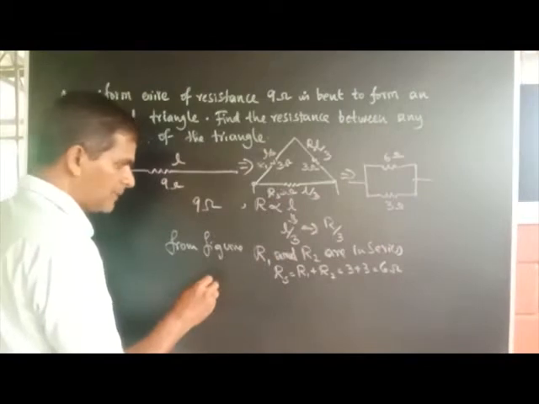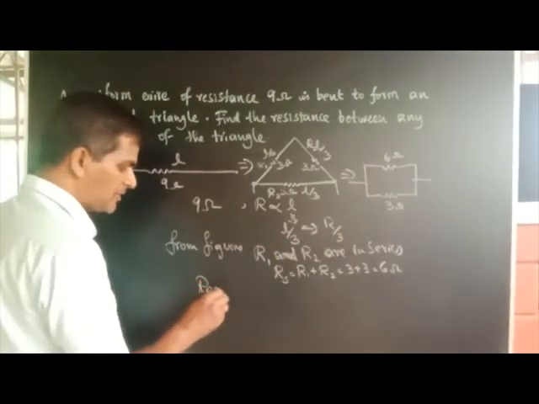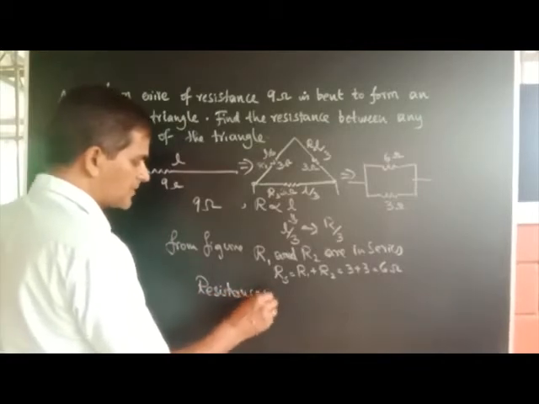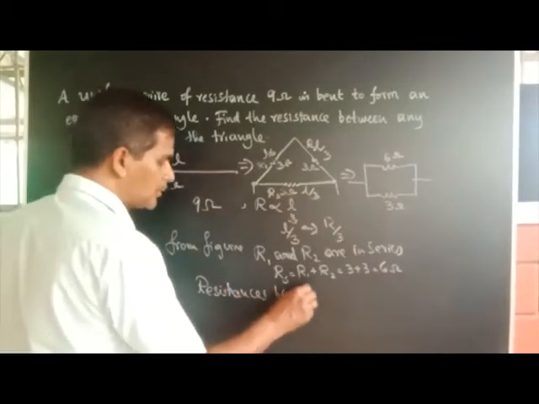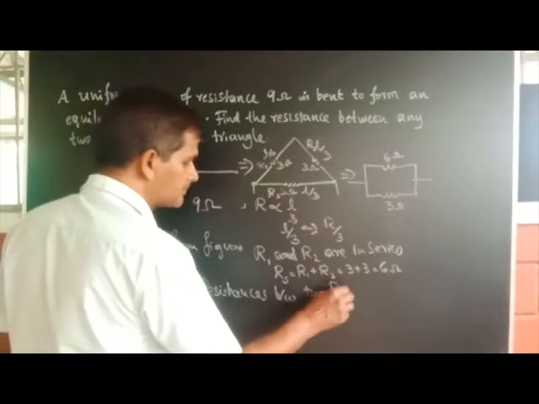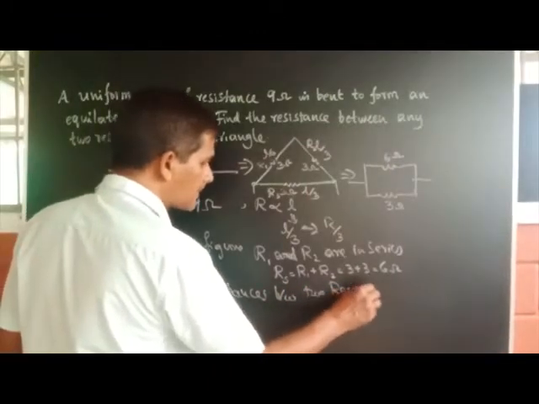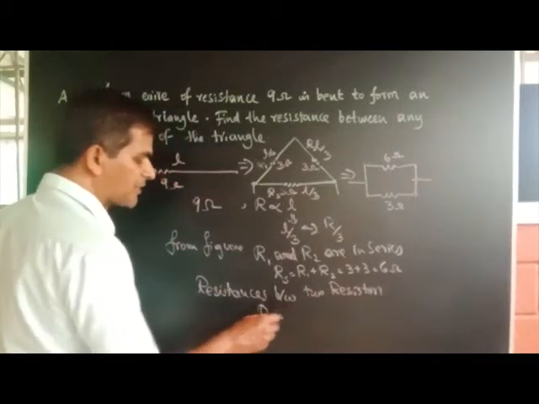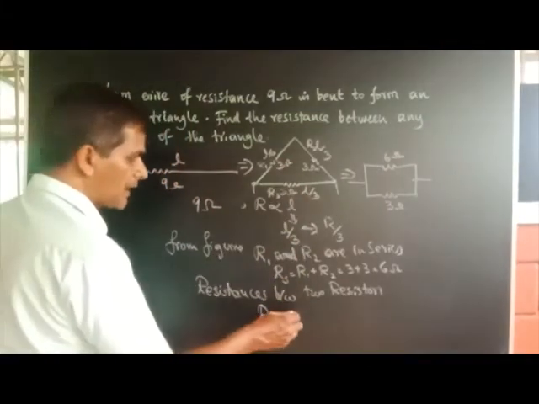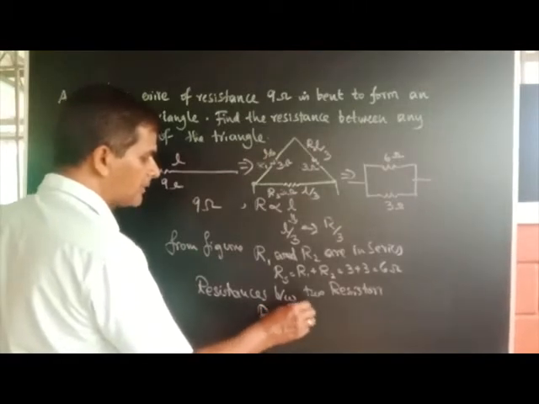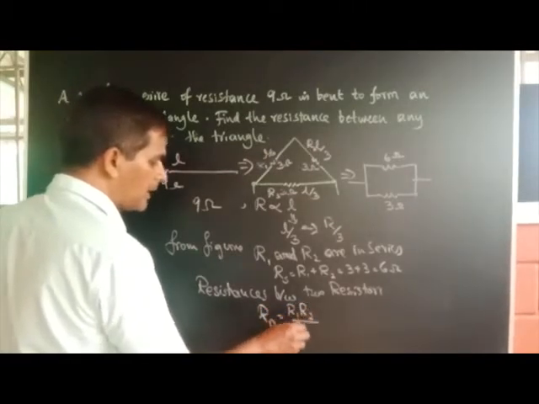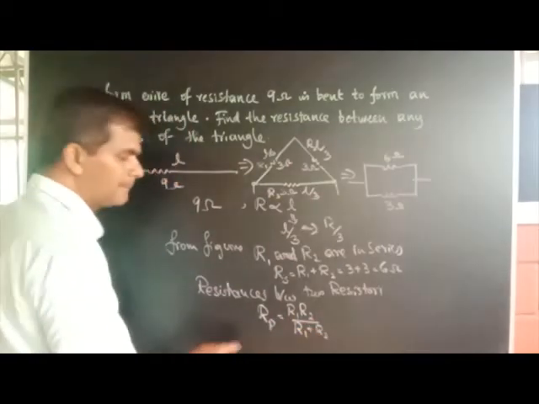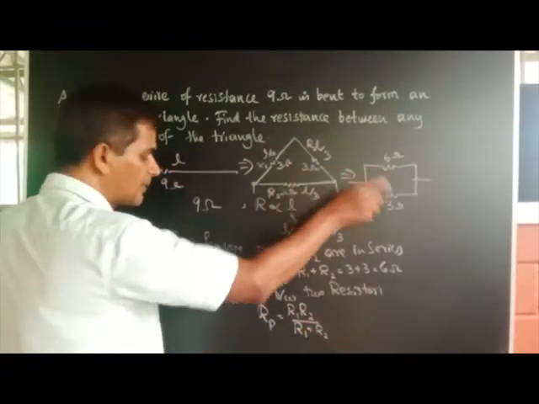Because of that, the resistance between these two resistors becomes a parallel combination, and we have to use the formula R1 into R2 divided by R1 plus R2, since the two resistances are in parallel now.